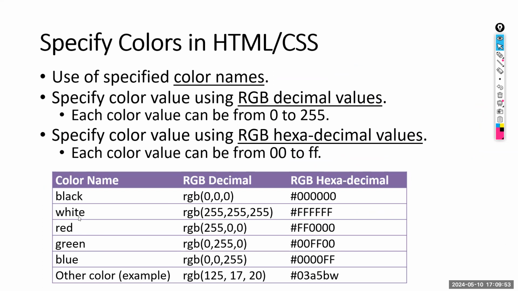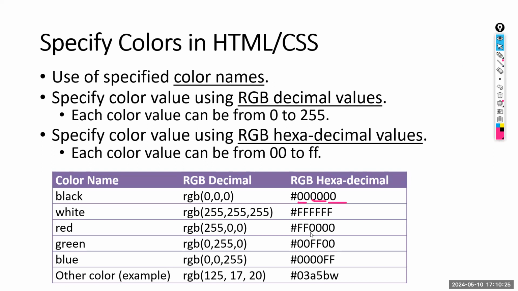But if you are interested in very specific colors, which is usually the case, you can write RGB and within brackets the red value, green value, blue value, or a hash with the hexadecimal value for red, hexadecimal value for green, hexadecimal value for blue. The first 2 digits are the red value in hexadecimal, then the green and finally the blue. It goes from 00 to FF. Smallest is 00, biggest FF.